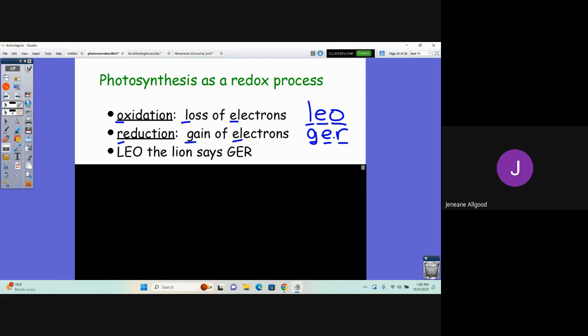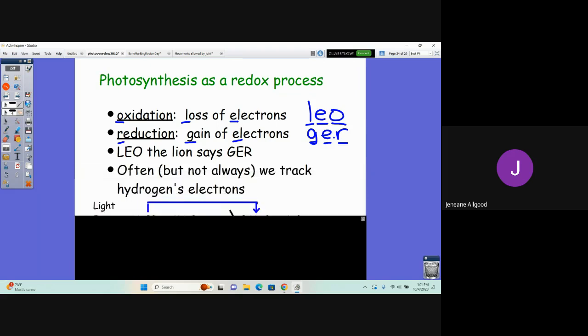And so then we need to talk about how to track this electron. I know you think, well, this isn't chemistry. Why are we talking about electrons? I know, but we have to do it because we have to know about things getting oxidized and reduced in photosynthesis and respiration. But electrons are still a little abstract for us.